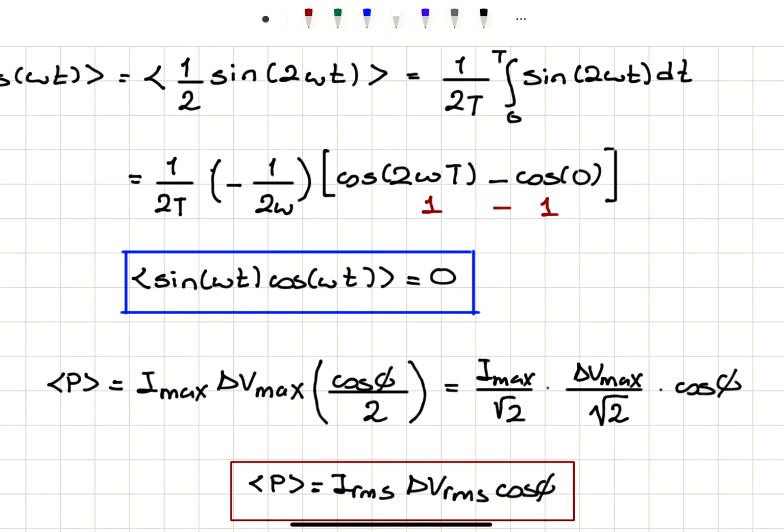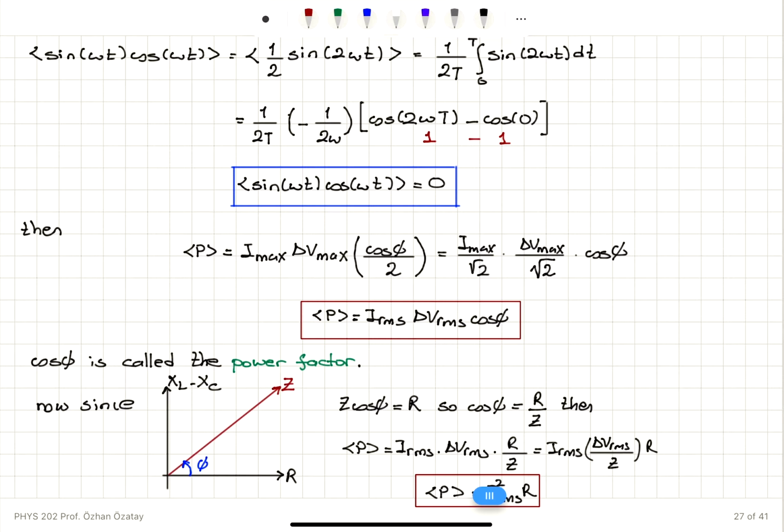So we have minus 1 over 2ω cosine 2ωt, which is evaluated between 0 and time 1 period. Cosine 2ωT is cosine 4π minus cosine 0. They are 1 minus 1, which is 0. So the average value of sine ωt cosine ωt is 0.